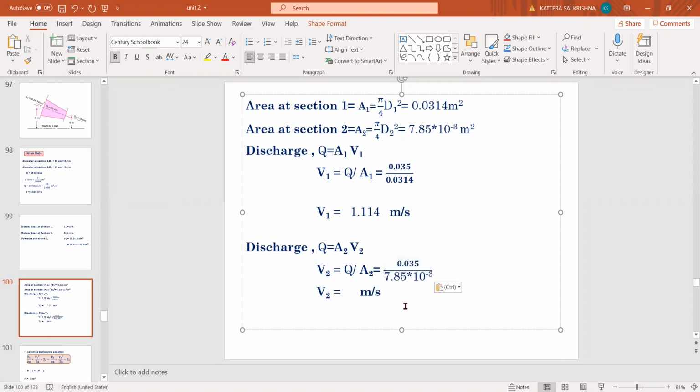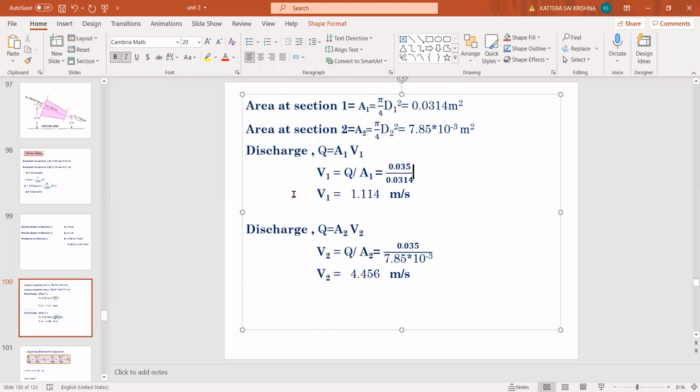So V2 is 4.456 meters per second. Right. Whatever you are getting, you write, 8 or 6, both are okay, a minute change only. No problem.